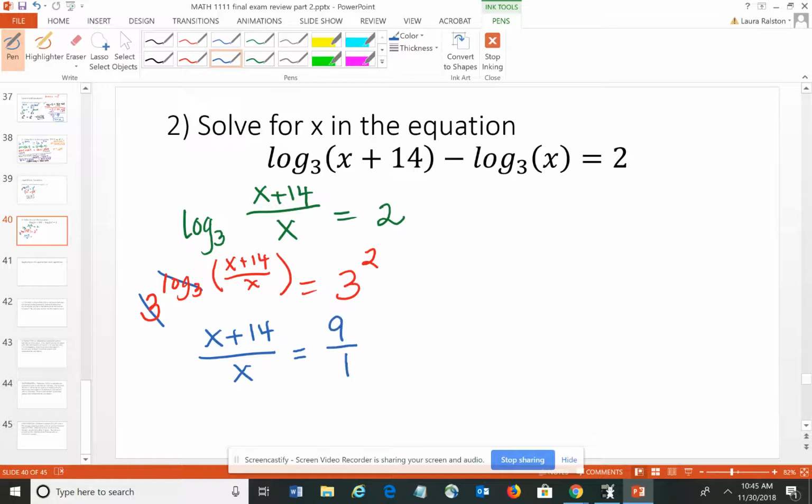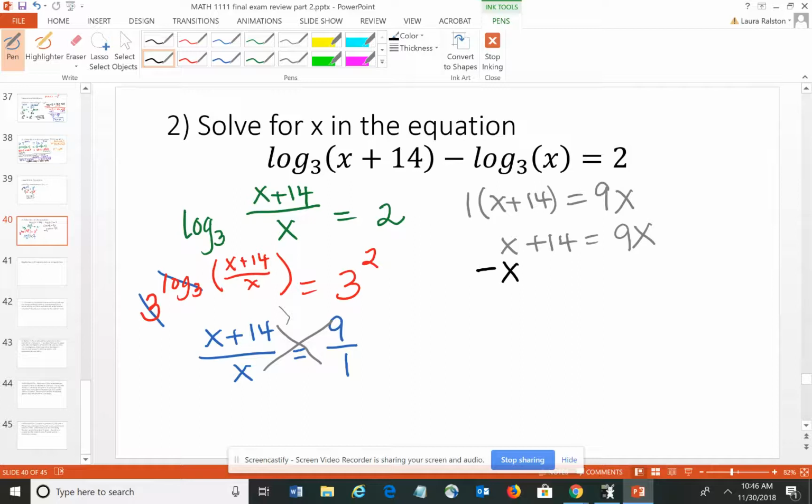I'm going to turn it into a fraction by putting it over 1 so that I have basically a fraction equal to a fraction, and we're going to cross multiply. So when I cross multiply, I have 1 times x plus 14 equals 9 times x.